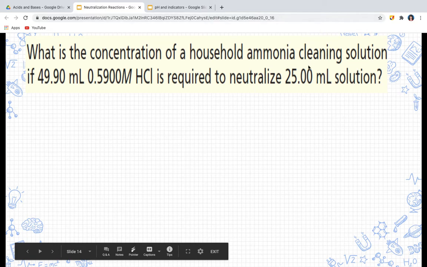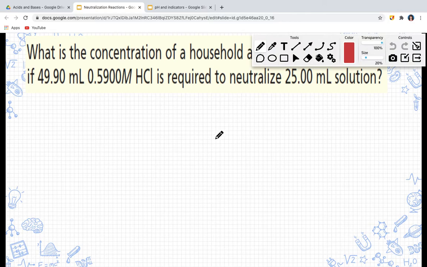Okay, what is the concentration of a household ammonia cleaning solution if 49.90 milliliters of a 0.59 molar HCl, hydrochloric acid, is required to neutralize 25 milliliters of the solution?